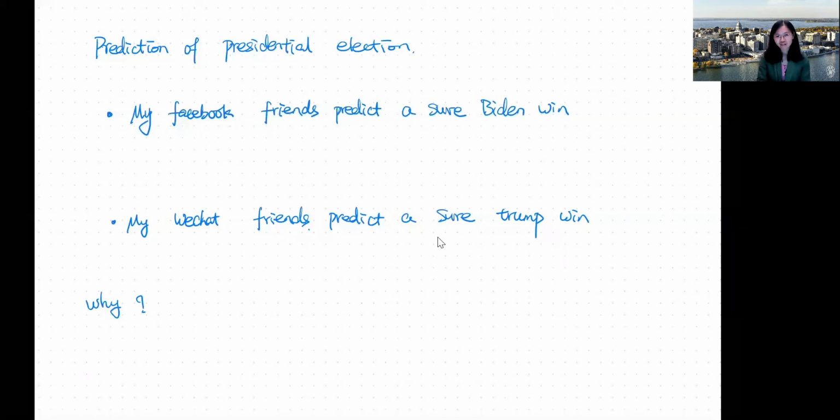On the other hand, my WeChat friends, among those who are in the United States, are mostly Chinese Americans. And unfortunately, Chinese Americans are much more conservative and more tolerant of whatever the president does. So my WeChat friends have other WeChat friends who are more conservative.